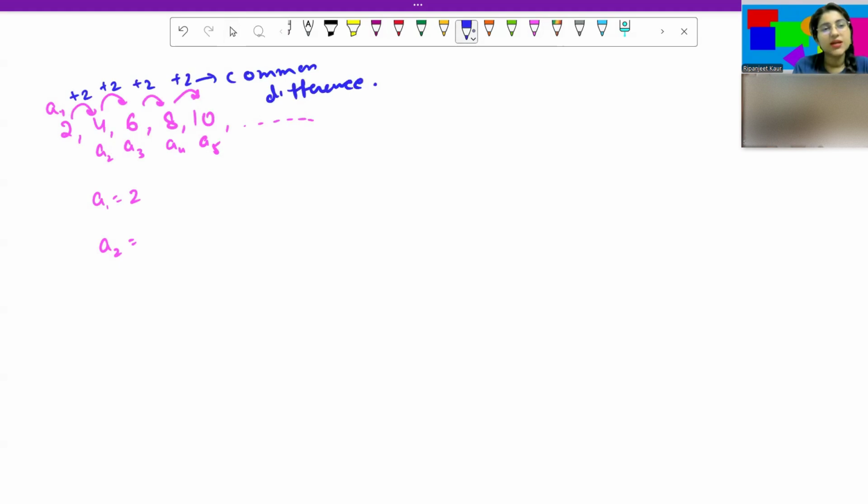So A1, A2 is 4. Can we say it is 2 plus 2? Yes. And A3, can we say this A3 is nothing but to this A, we just actually added 2 two times?